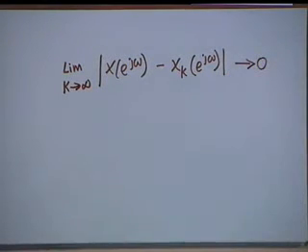The error must tend to 0. This criterion for convergence is one of the criteria, and we shall show that this is sufficient but not necessary.